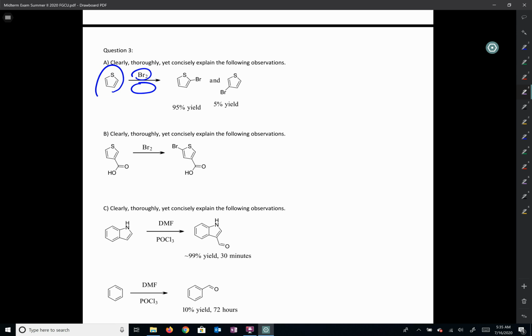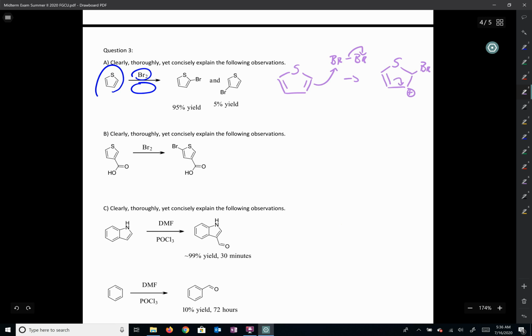Draw them, right? So if we real quickly go through and start out this mechanism here. We make a bond, we break a bond. So let's put the bromine there. So now we've got a positive charge here, right?